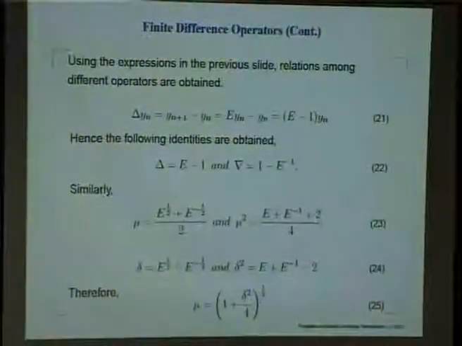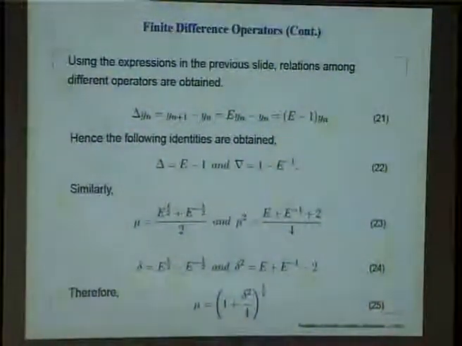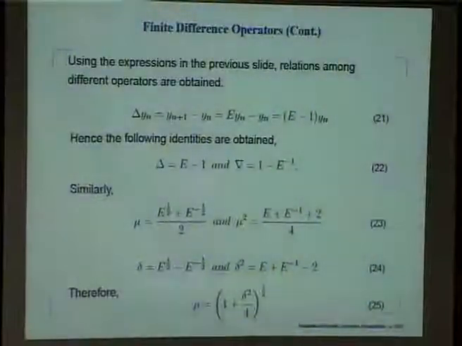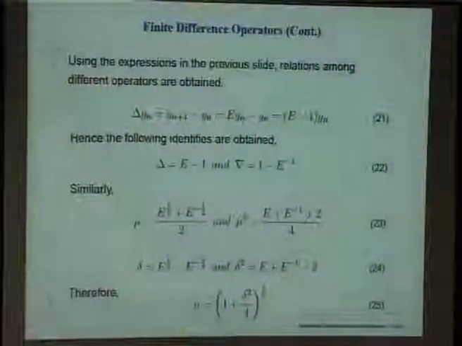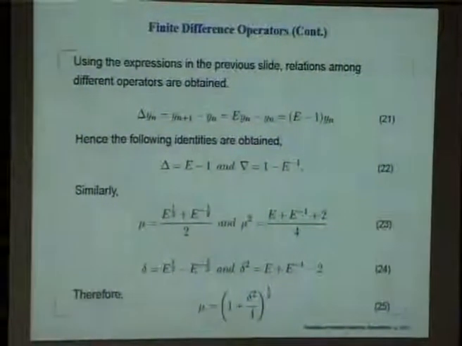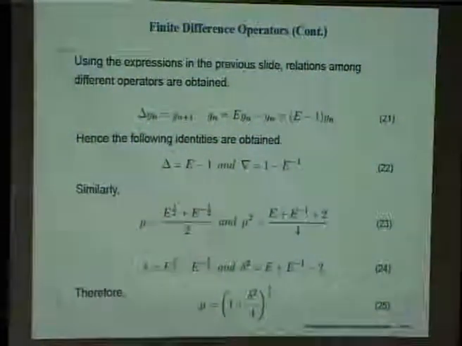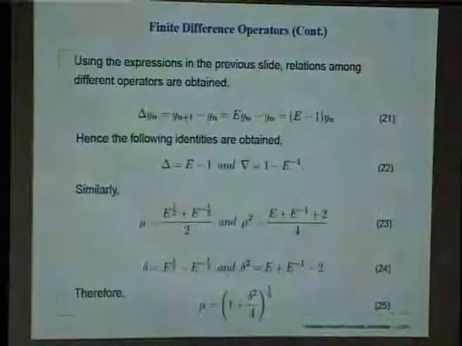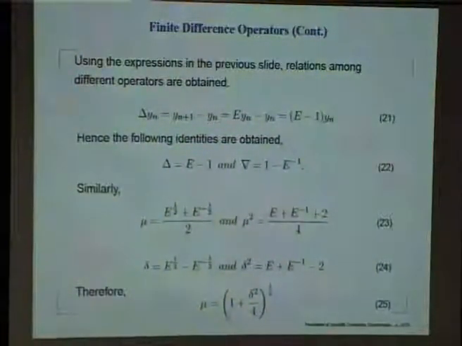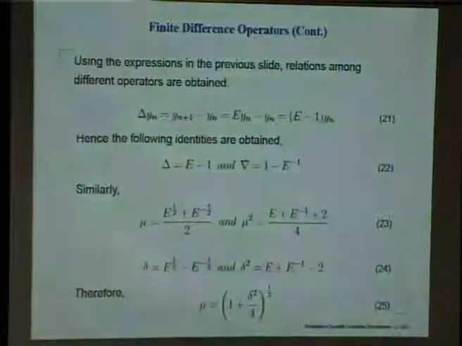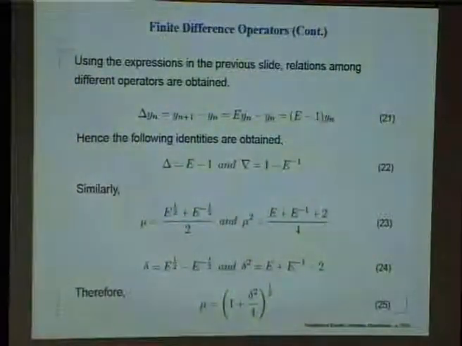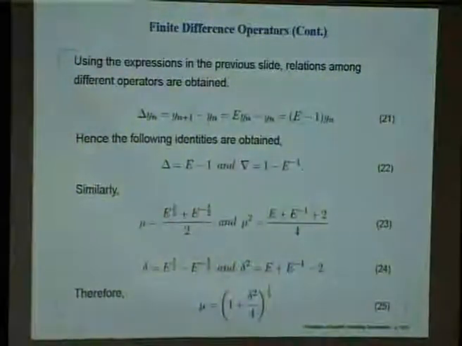So, this is simple. Same way, I could write down the backward difference operator, right. So, this corresponds to actually y n minus 1. So, that we have written as E inverse y n, and that is what gives us this. Now, mu was the average, where you have taken the point shifted half to the right and half to the left.